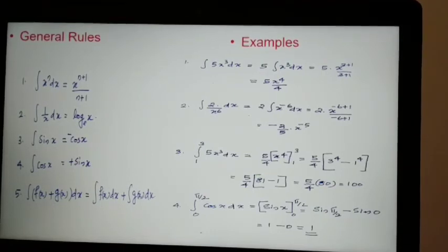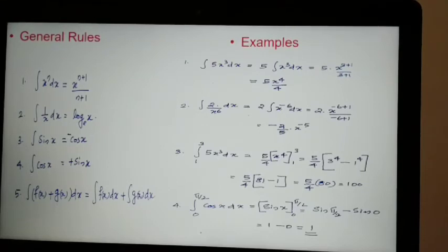So 5 by 4 into x to the power 4 is the integral, and to that integral you have to apply the lower limit and upper limit. So the variable first takes the upper limit, then minus it takes the lower limit. 5 by 4 is just a constant that can be taken out, and the upper limit is 3.